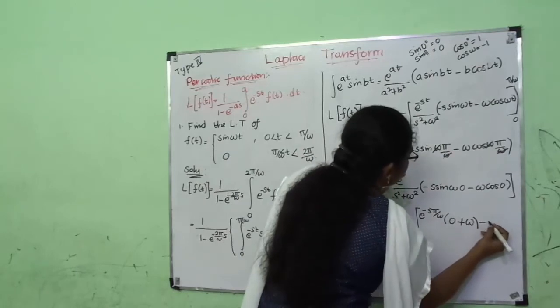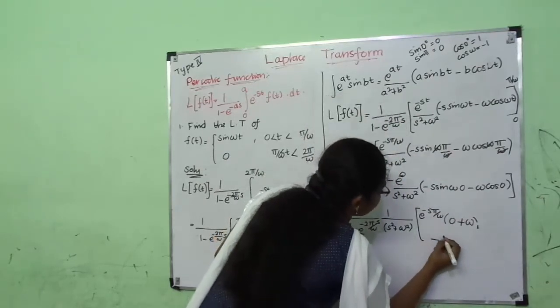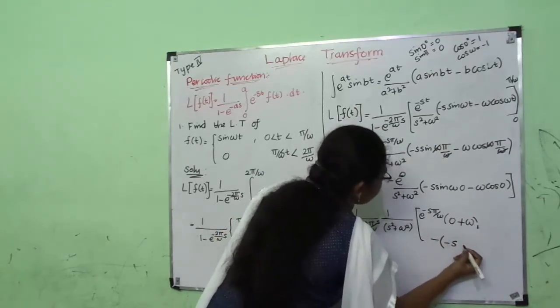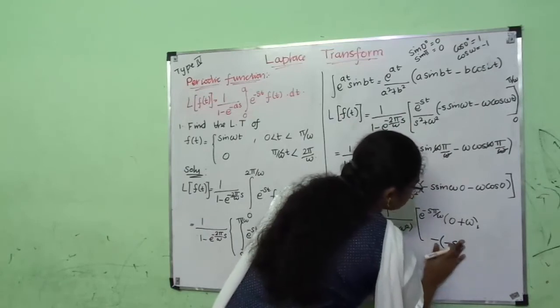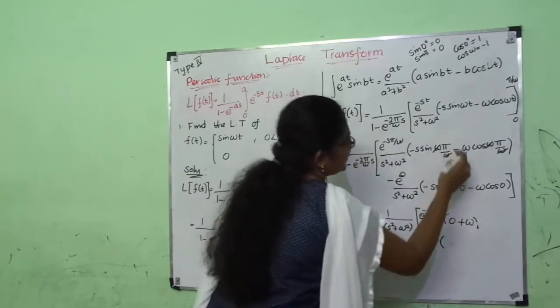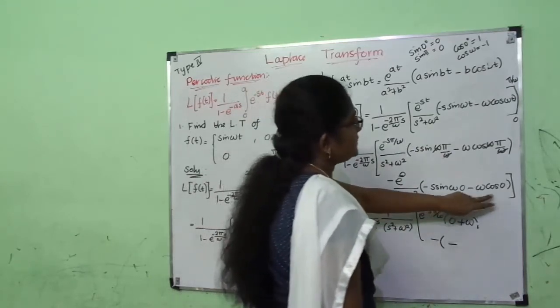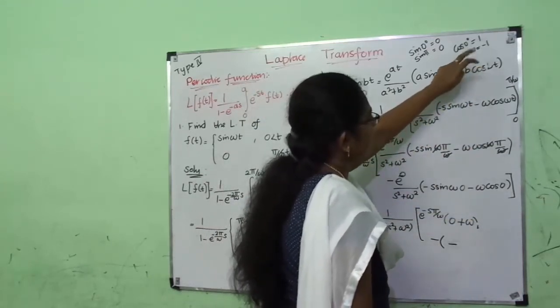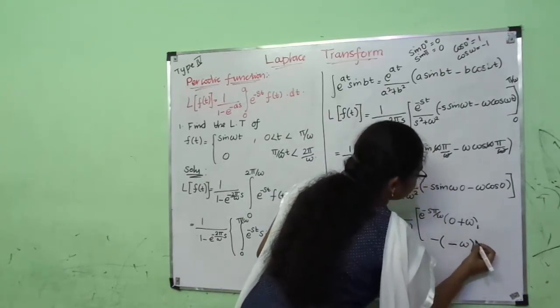E power 0 value is 1, minus of minus s into sin 0 value is 0, so we need not write this term, minus of cos 0 value is 1, minus omega.